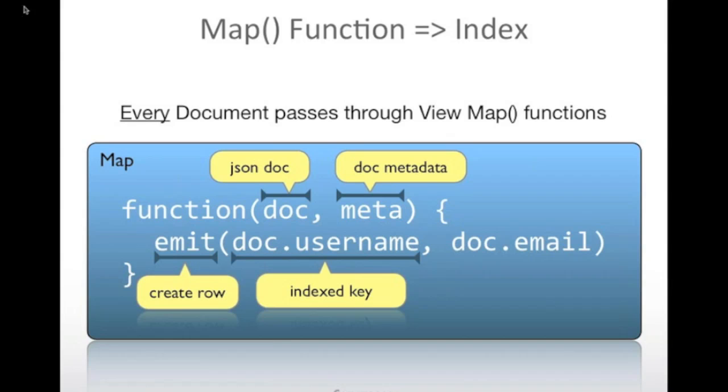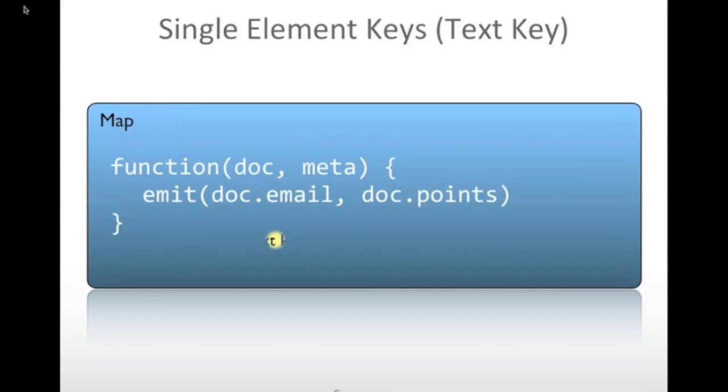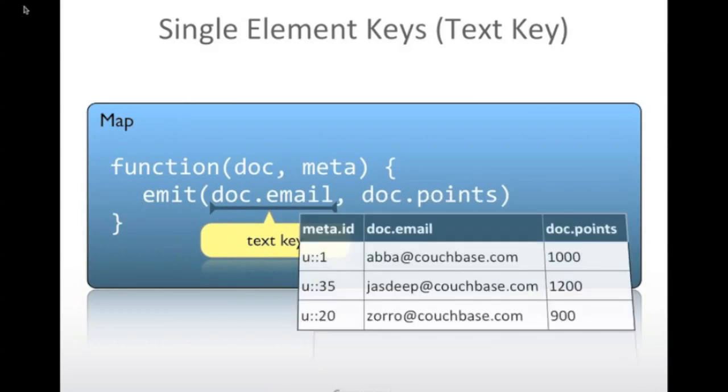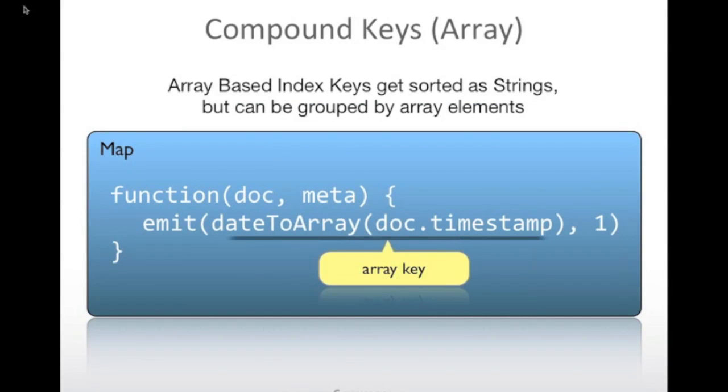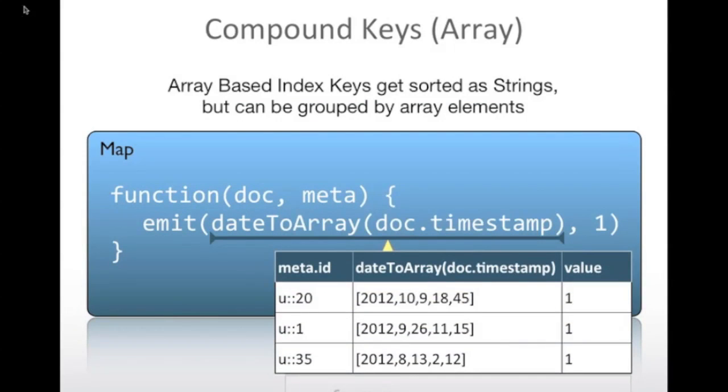It's not your document key. This is the key of your index, your first primary column of the row, and then there's the output value. And it's important to understand that this is not necessarily the document key. This is the index key. It's what you're going to be querying by. So this is the array-based key, a compound key, and the last one was the text key.